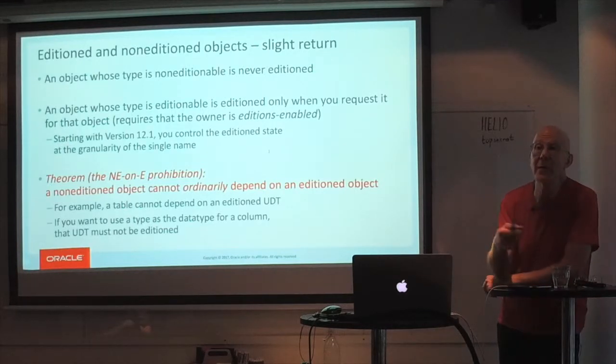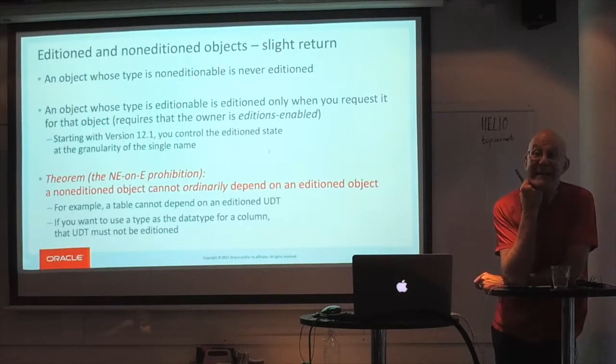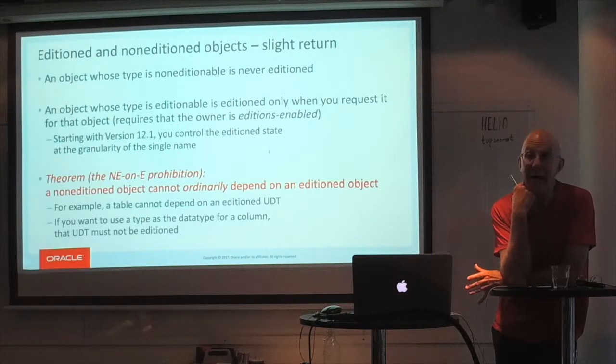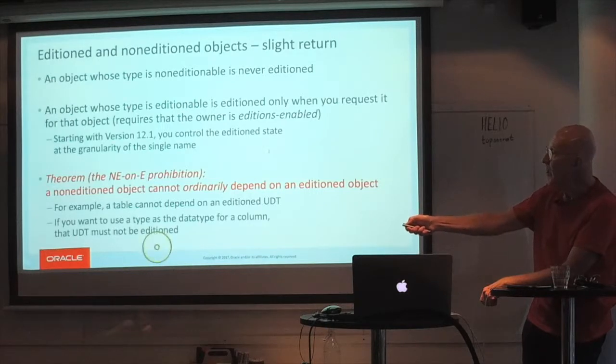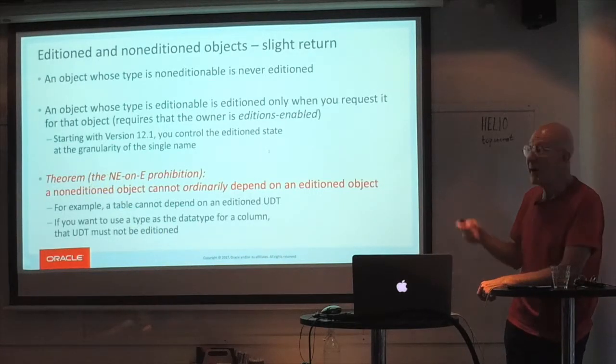So if you did it in reverse, if you already had an editioned UDT, scott.u, occurring many times, and you tried to create a table or alter a table and introduce a column whose data type is scott.u, we'd give a clear error. And the error would say, in equivalent words, you can't do that, because if you did, you would violate the prohibition I just said.